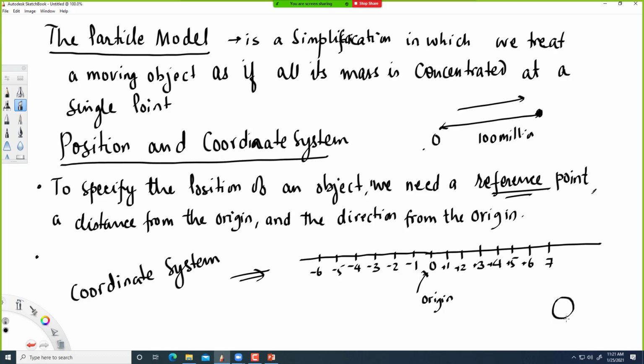How big is this object? You cannot answer that, right? You need to compare that with something. If you are measuring this with respect to this, it's a bigger object. But if you are comparing this with this, then this is a smaller object. So it's all comparison. Physics is all about comparing the physical phenomena with something else.